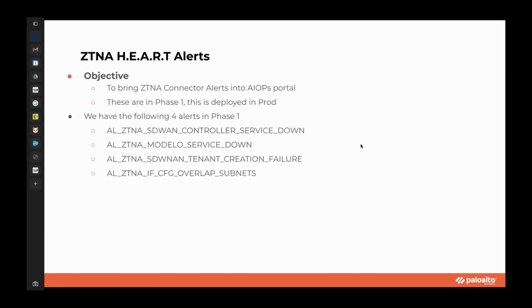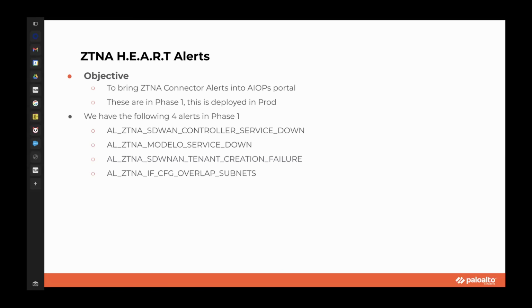The 4 alerts shown here are the ZTNA connector SD-WAN controller service down alert, which basically talks about the controller backend showing if the control plane was down. This can be used to monitor that. Similarly, if the customer configured any connector with overlapping subnets, like 2 ARM connectors with overlapping subnets, then that will also be caught.